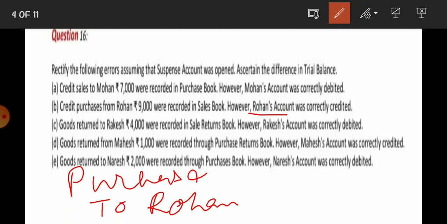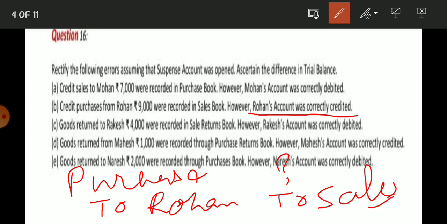However, Rohan is correctly credited, so we don't know what we had debited, but we know we wrongly credited sales. So this sales will be debited because it is wrongly credited, and purchase will be debited, and Rohan, because Rohan is correctly credited, will not be entered.